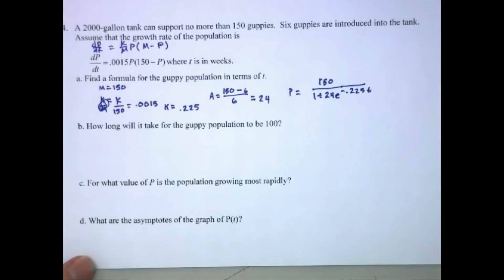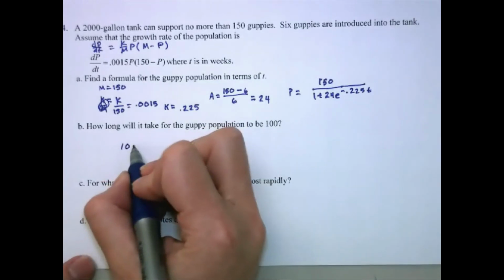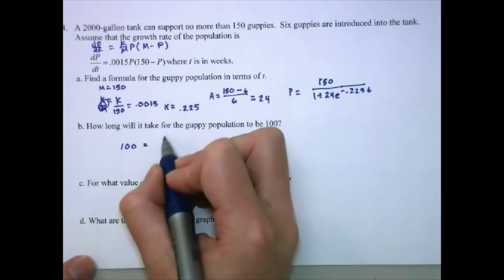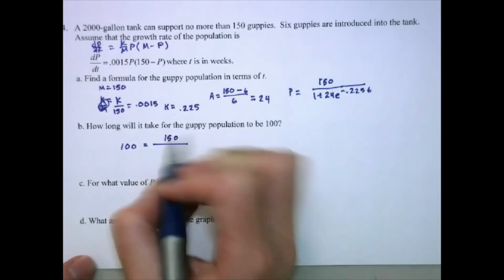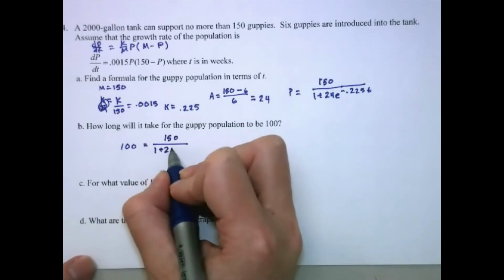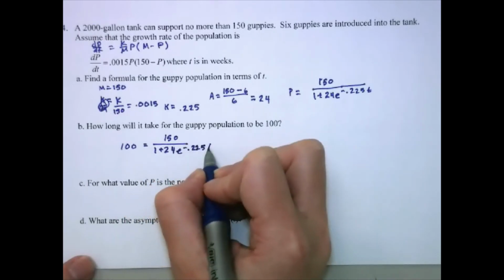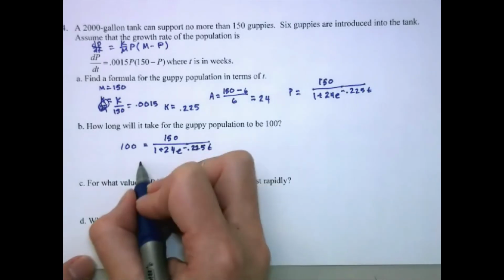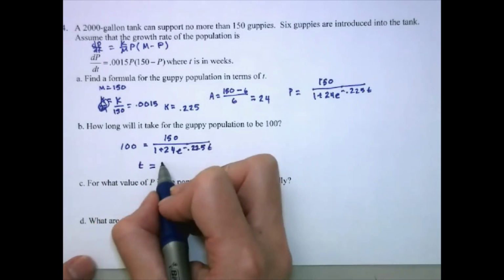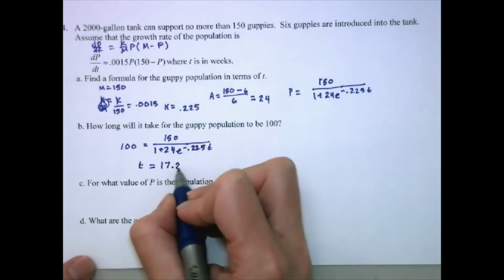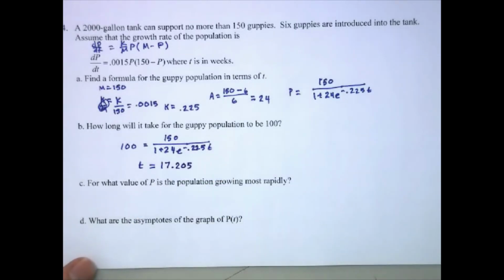Okay, how long will it take for the population to equal 100? So we set it equal to 100. And I would again graph it and find the intersection, because it's easier than doing the algebra. Okay, and we get 17.05.